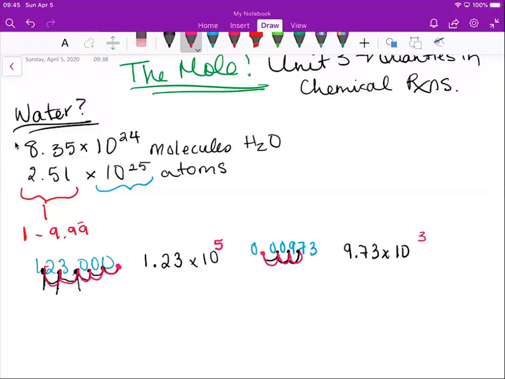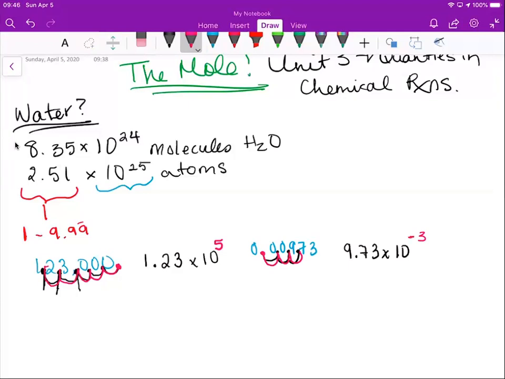If I have a positive exponent, that means that this number is bigger than 1. Since this number is much smaller than 1, I have to make it a negative exponent, okay?